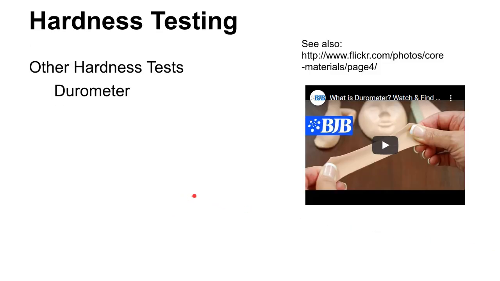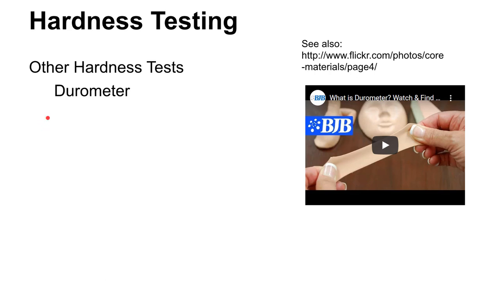I will mention for other materials, especially non-metallic materials, there are other ways of determining hardness. And talking about hardness, if you try to do a Rockwell C-scale test on a piece of rubber, that's not going to work very well at all. And so there are durometer tests. So there's a Shore durometer test, and these will be graded by letter.